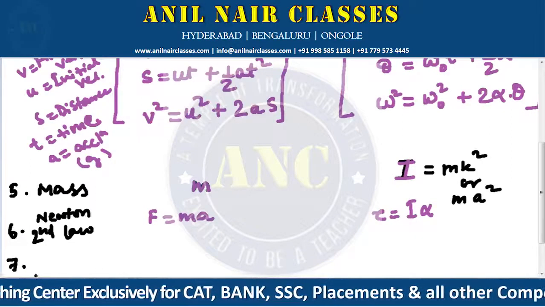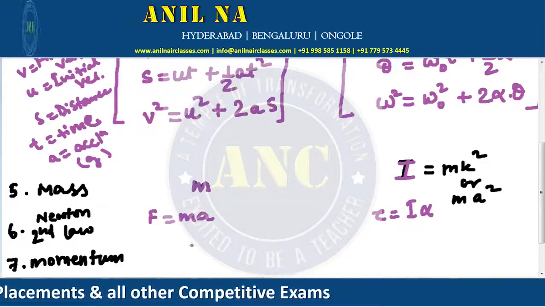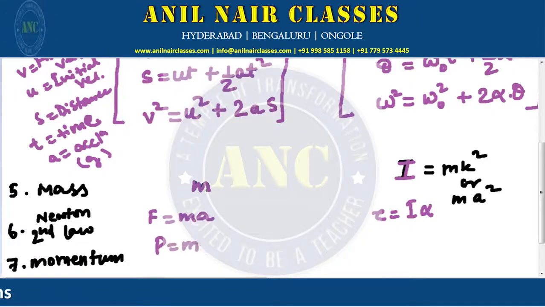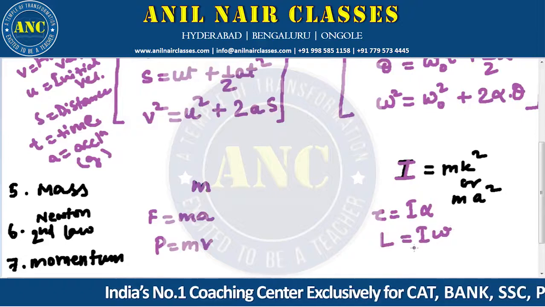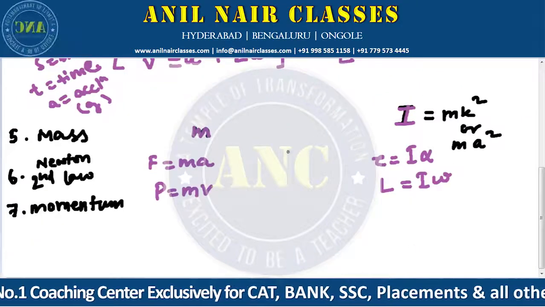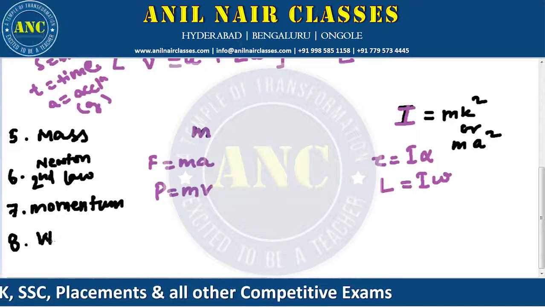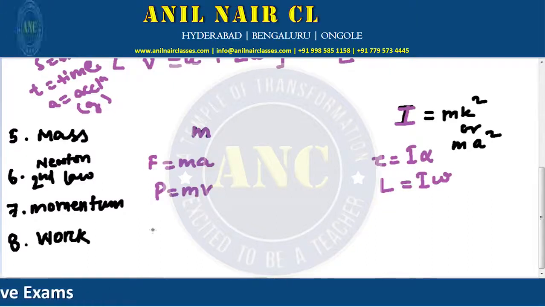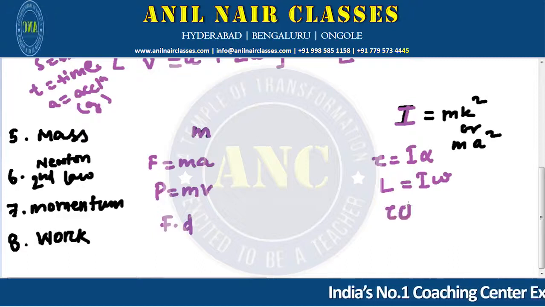Then momentum. For momentum, P will be mv, whereas L will be I omega. Similarly, work over here will be F into d, whereas over here it will be tau theta.